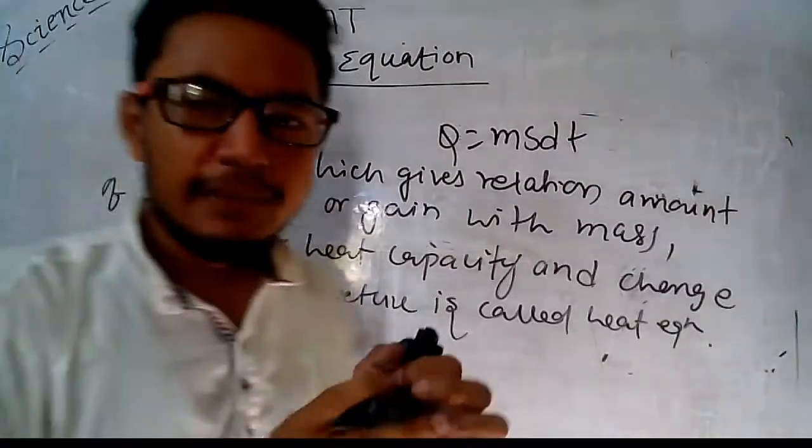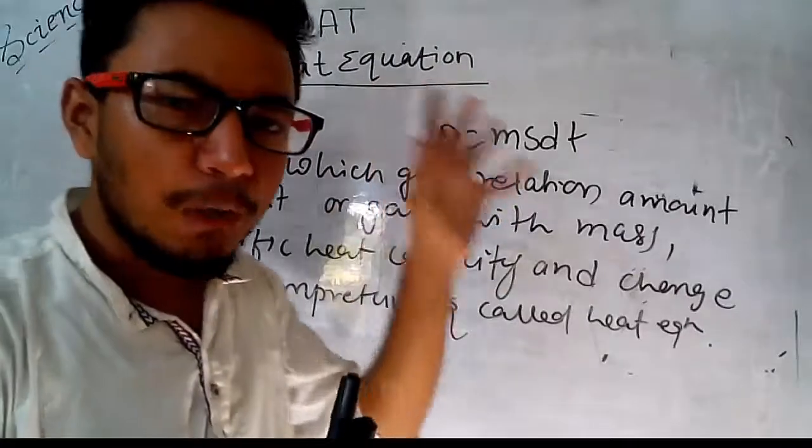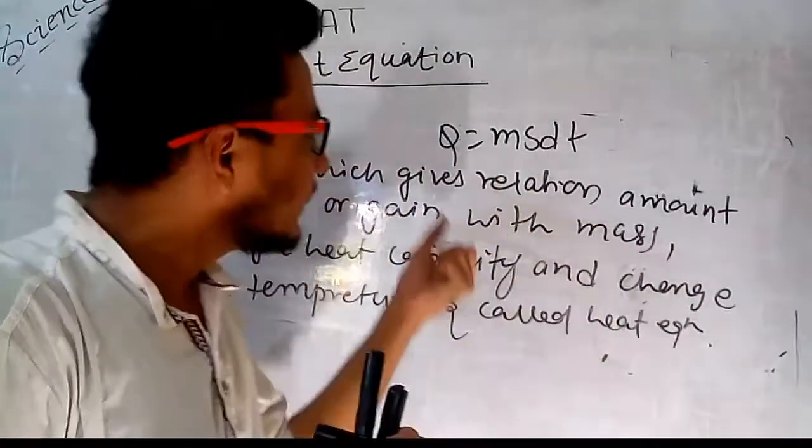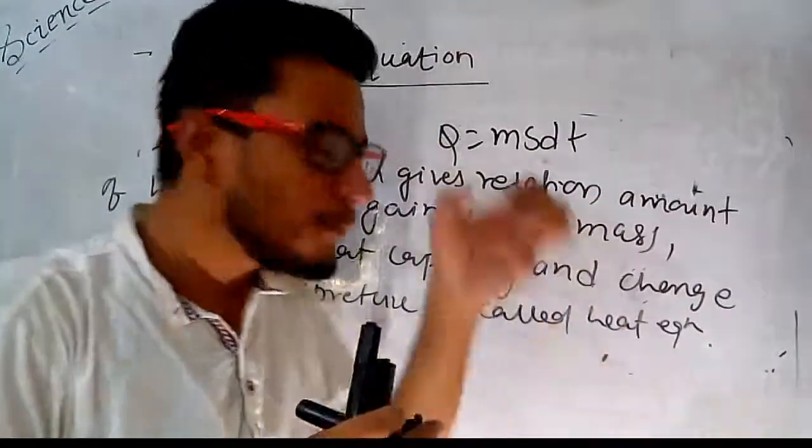So the heat equation is the equation which gives the relation between the amount of heat lost or gained by a body with mass, specific heat capacity and change in temperature.